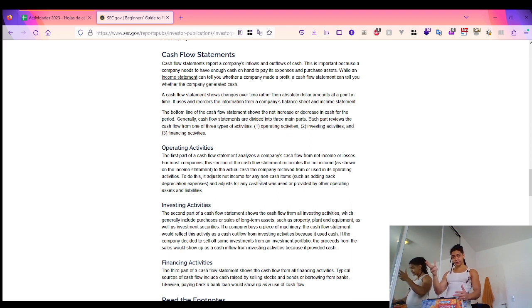On the operating assets, we also have property, plant, and equipment, as well as intangible assets, which are assets that the company owns that have value, but they are non-physical.